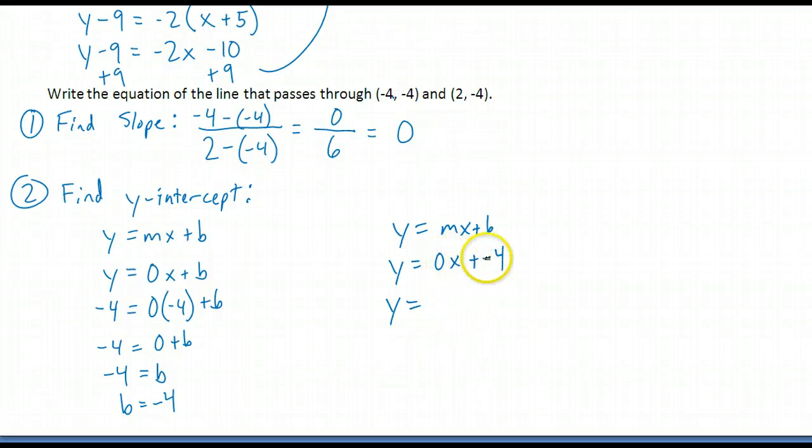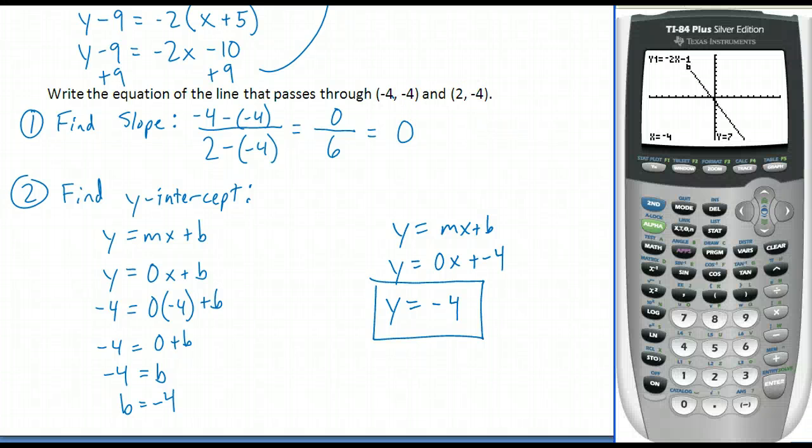And 0 plus negative 4 is just negative 4. So the equation of this line is just y equals negative 4. Which makes sense because we knew with a slope of 0 we had a horizontal line, and all horizontal lines are written as y equals a number. And in this case, the y value has to be negative 4.